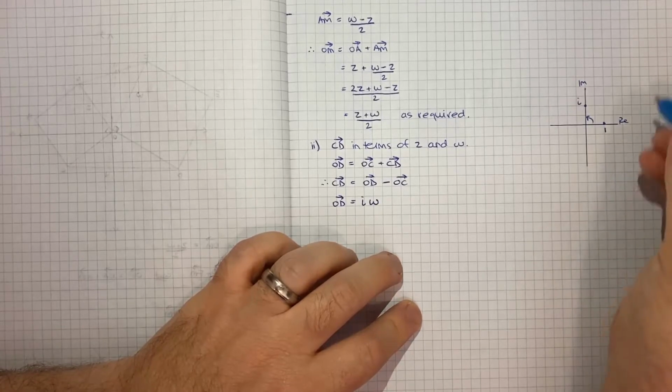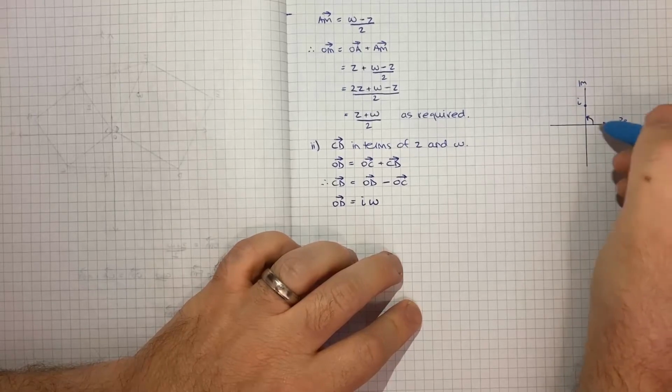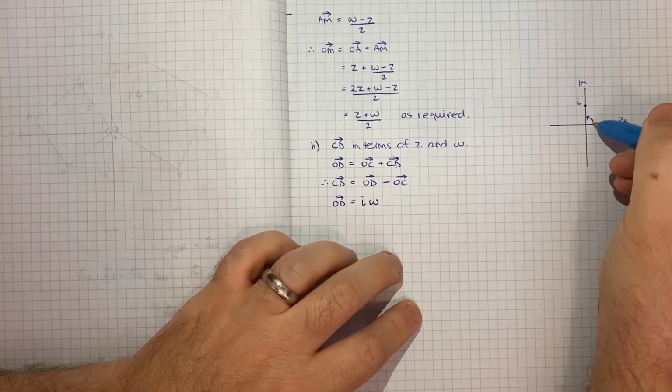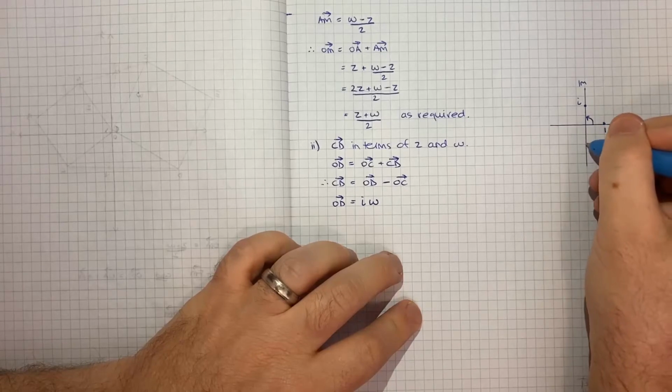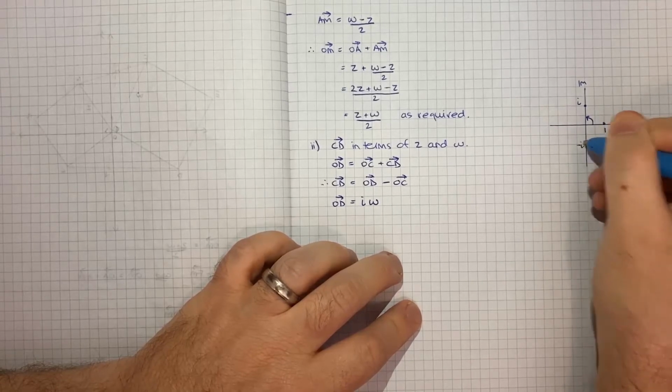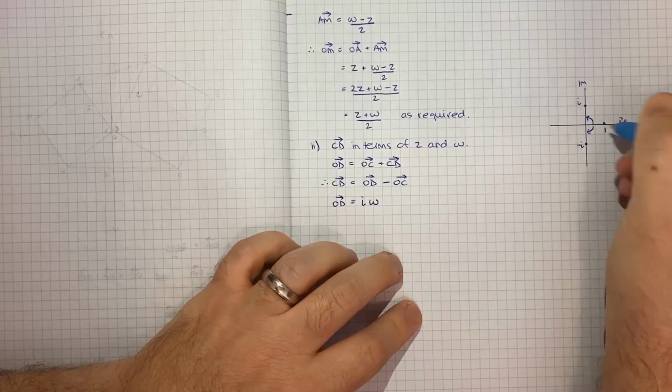So that basic principle extends such that you could take any number, and if you multiply it just by i, you're effectively rotating 90 degrees anti-clockwise. And you can say the similar for negative i, except you're just rotating clockwise this time, 90 degrees.